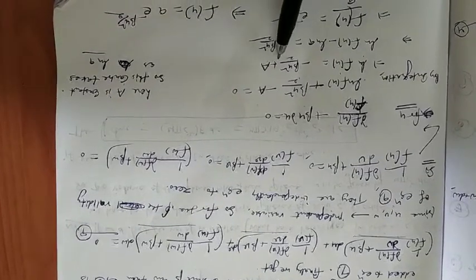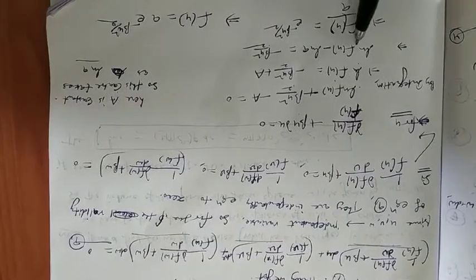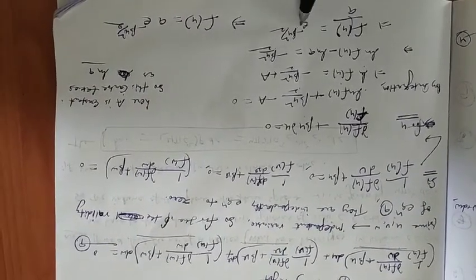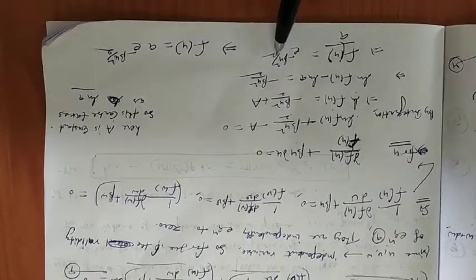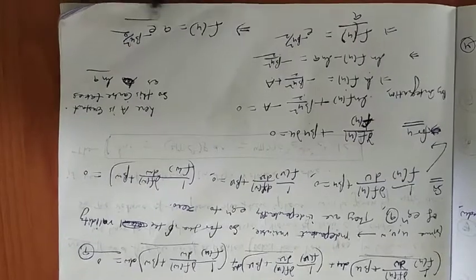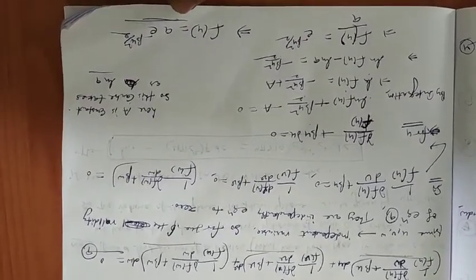So this equation is finally written as log f(u) upon a equals minus beta u squared upon 2. Now f(u) is a times exponential of minus beta u squared upon 2. This is the equation for u.